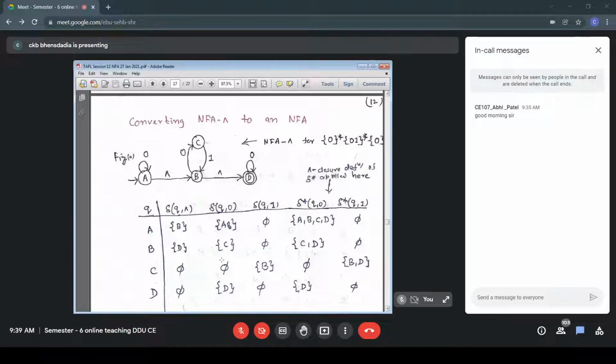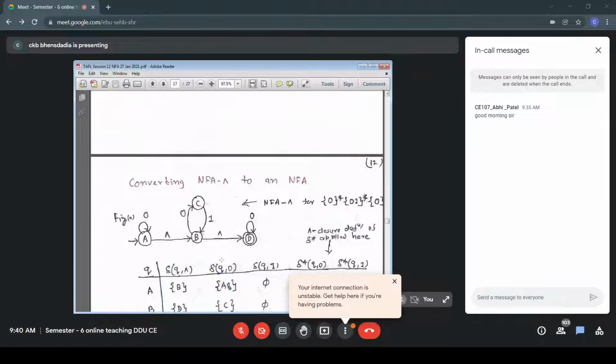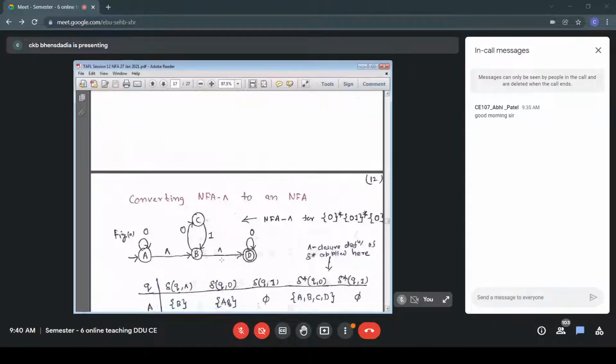Fine. Now, A on 0. In this example, this is based on the definition of our delta star for NFA-null. Now, computing delta A0, the same impact we are capturing directly. Last 2 columns are important.